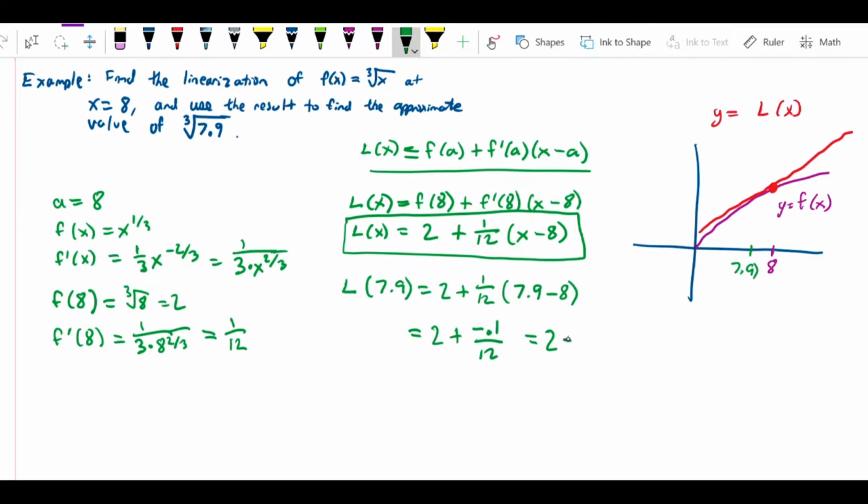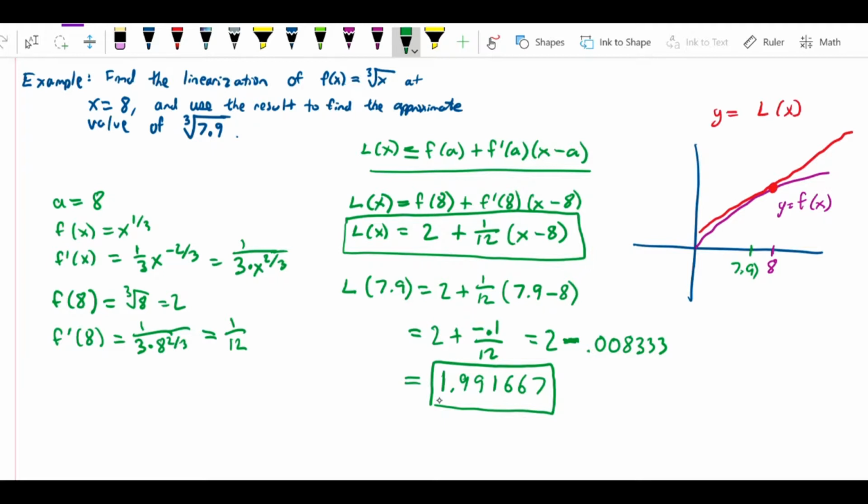It's going to be a negative number, so I'm going to subtract. That comes out to 0.008333. And if I subtract that from 2, I get 1.991667. So this is an approximate value of the cube root of 7.9.